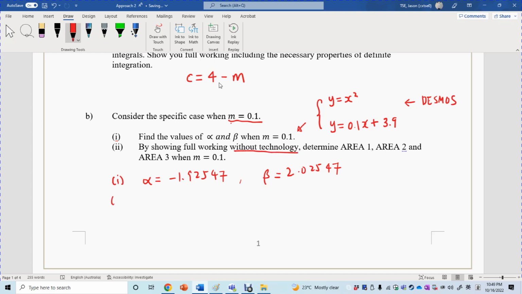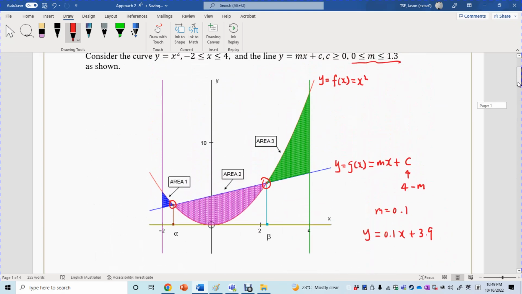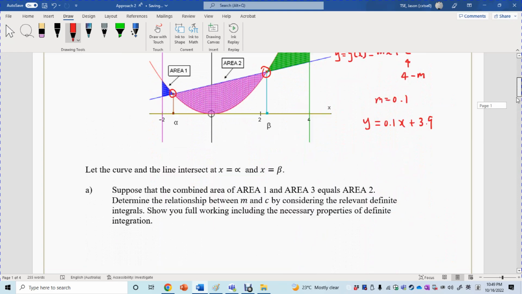To do it without technology, you need to go with A1. A1 is the area below f(x) but above g(x), above the straight line.